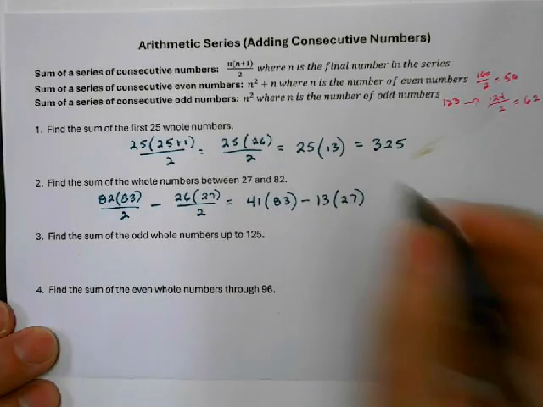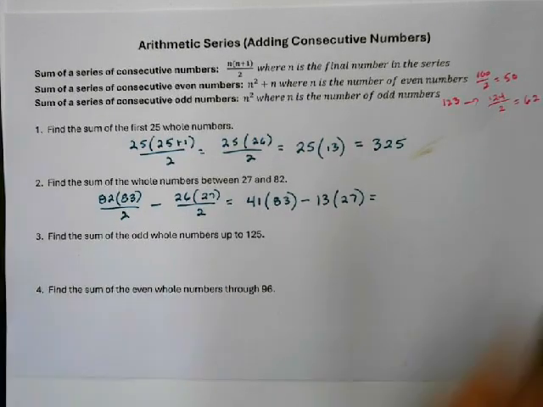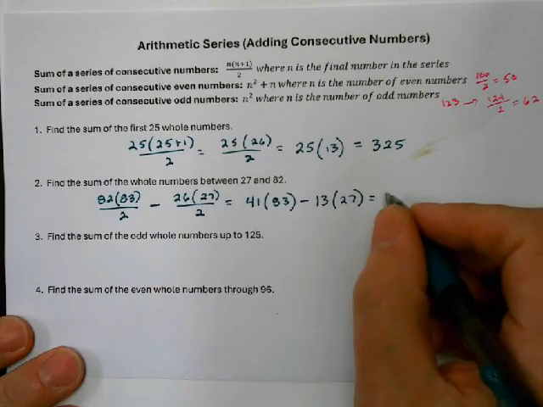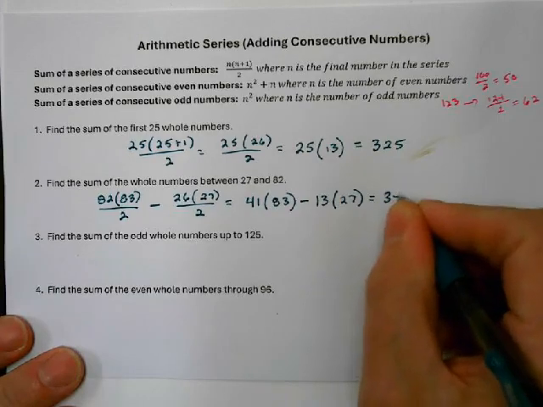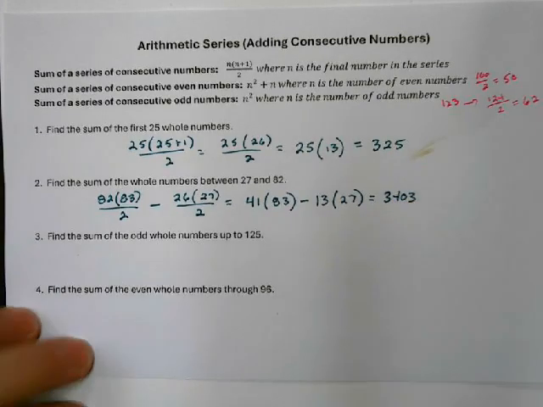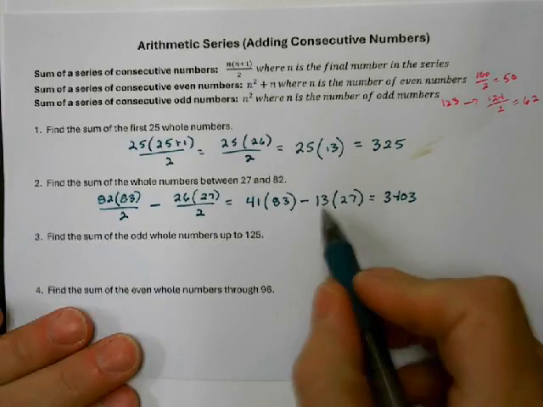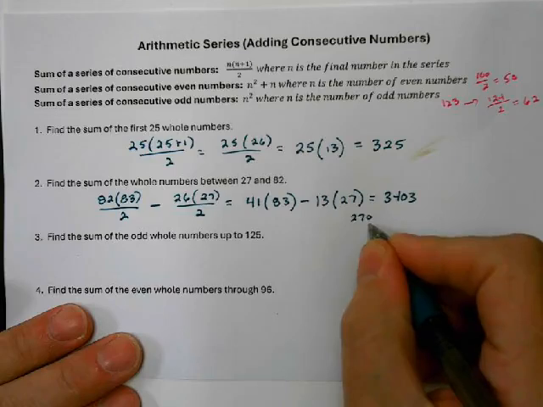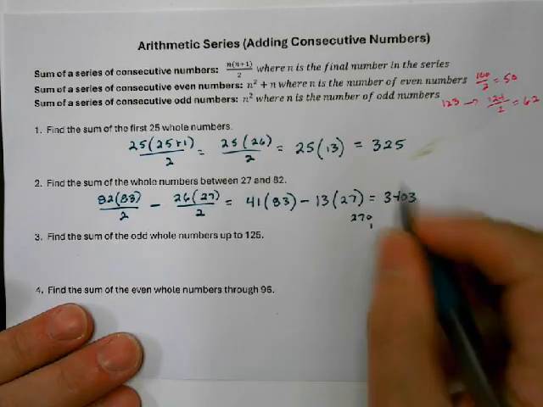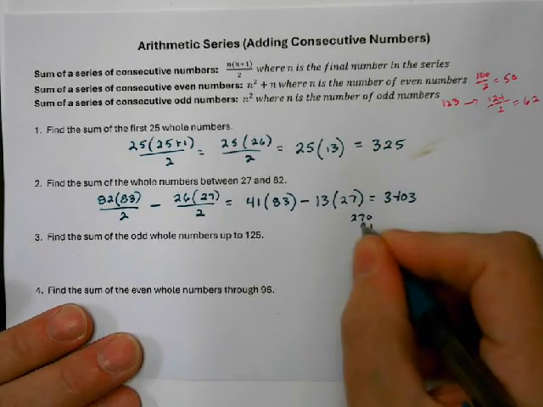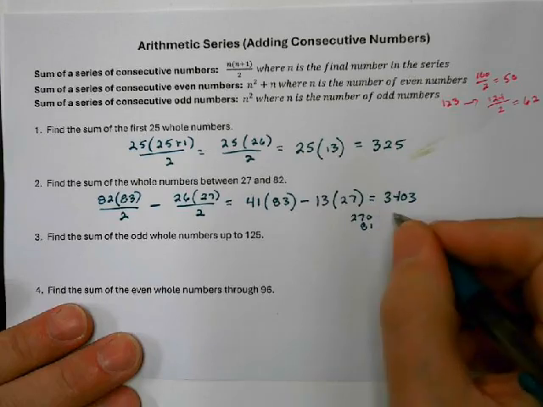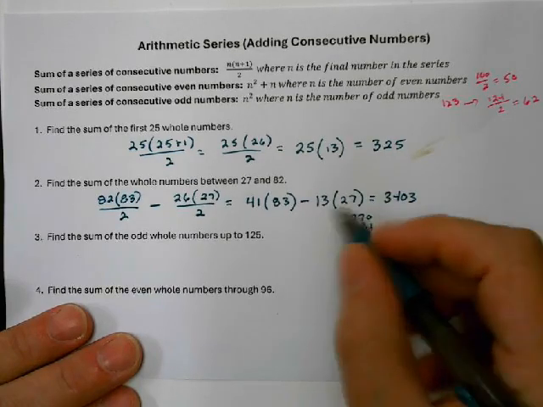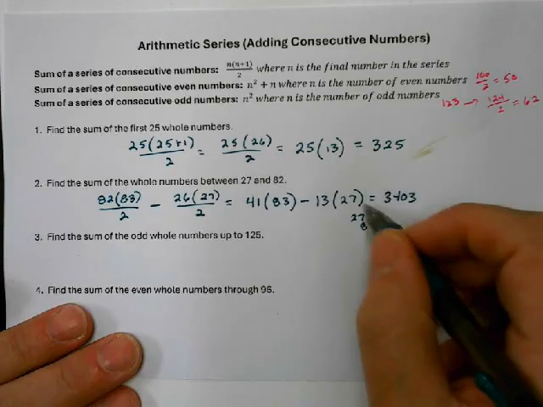So 41 times 83, let's see, 4 times 83 plus 83, 3403, I think. And then 13 times 27, 351.